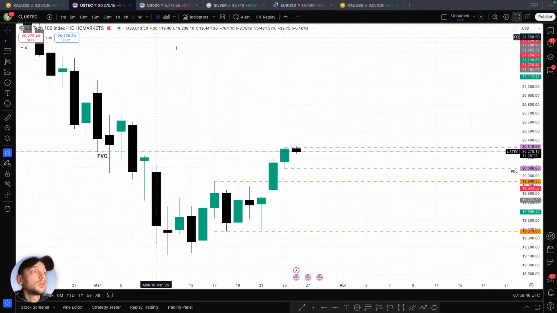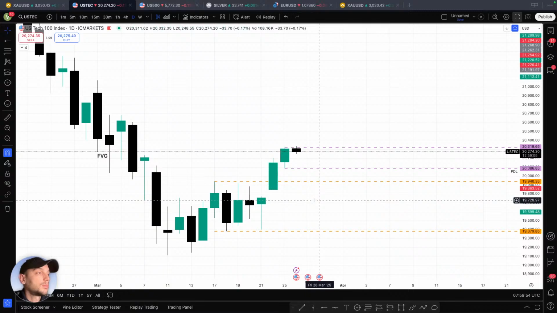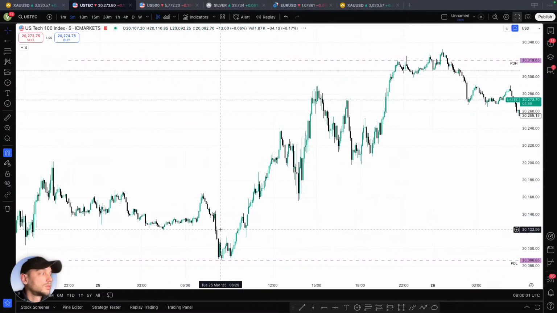If we go to a daily, there we go, Monday. See this gap? So let's go to 5 minutes and mark our Asia high and Asia low.